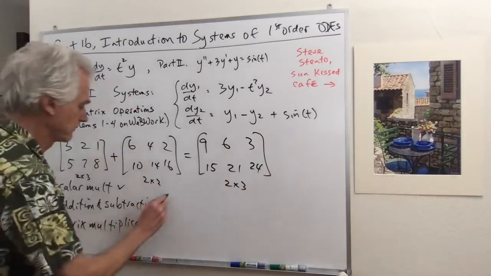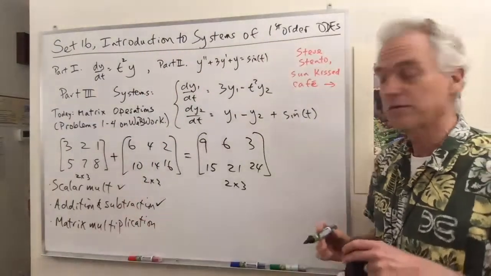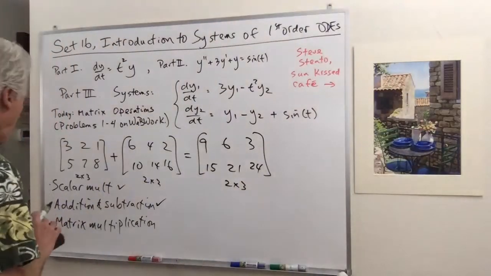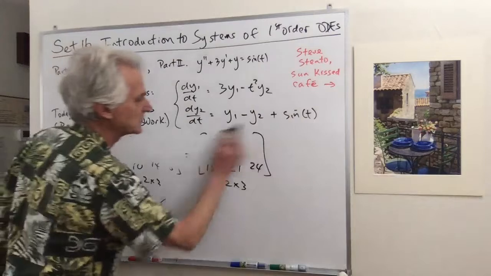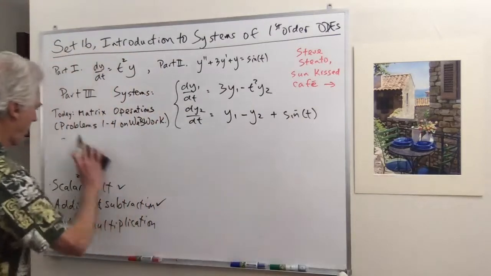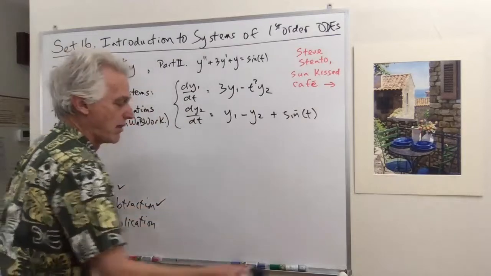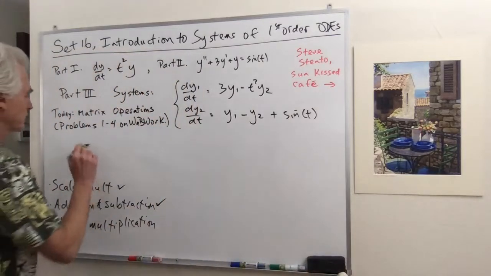Okay. Now, matrix multiplication is maybe the trickiest of these. All right, I'm going to give you an example of matrix multiplication. Let's just do this example.